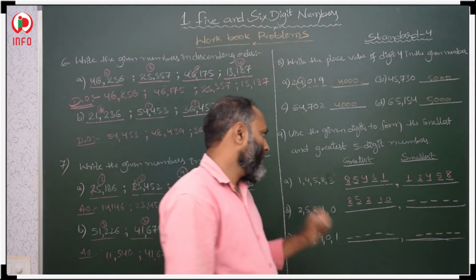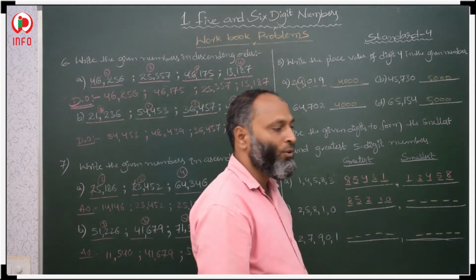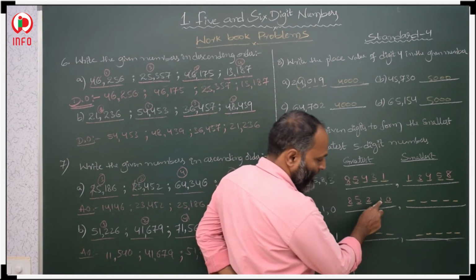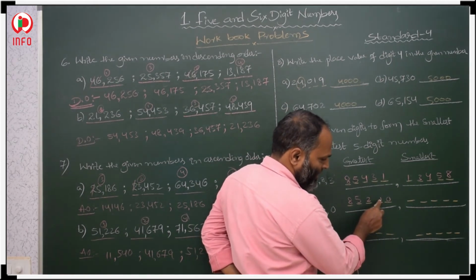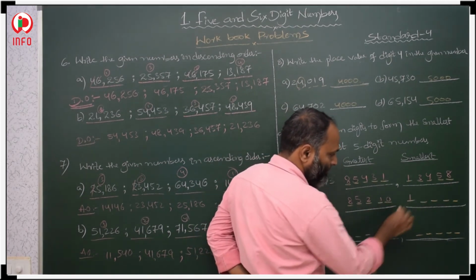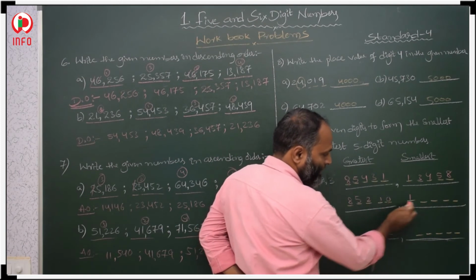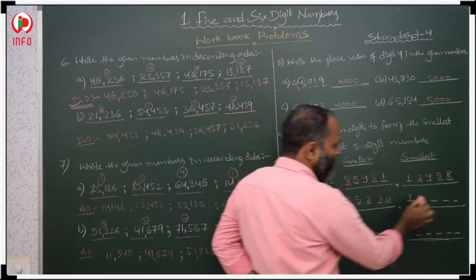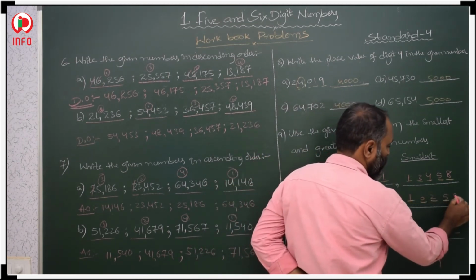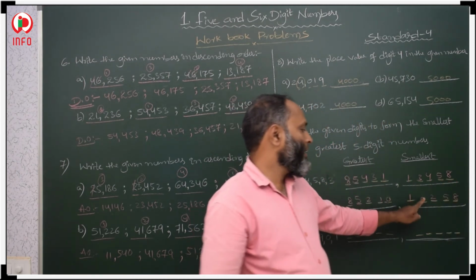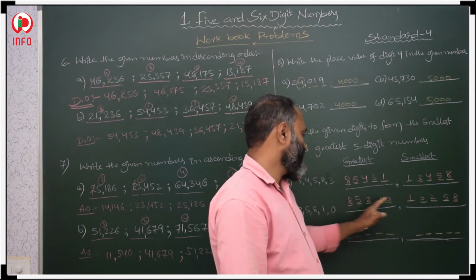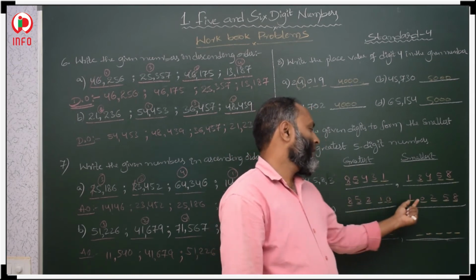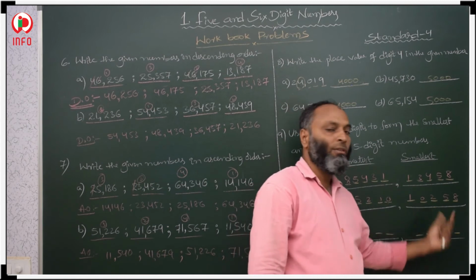But in the smallest one, how to write? First we have to take the second smallest number, which is 1. Then after that you take 0. Then arrange 2, 5, 8. If we keep 0 at the very beginning, in the order 0, 1, 2, 5, 8, then we form only a 4-digit number.